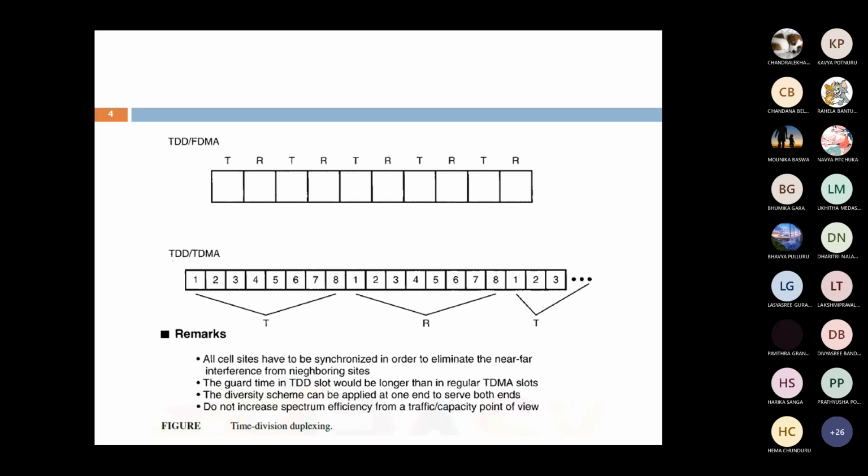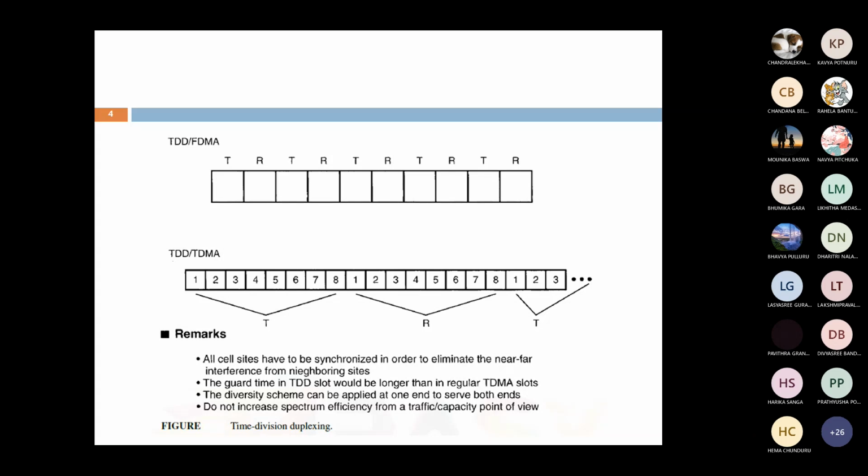Now see the difference between TDD/FDMA and TDD/TDMA. In TDD/FDMA, each carrier frequency is allocated either to transmit or receive, and it is fixed. I am denoting it as T and R, that is, transmission and reception. Two frequencies are allocated to one user, one for transmitting and another for receiving. In TDD/TDMA, there are slots in a frame.